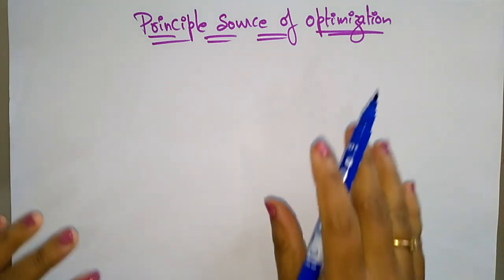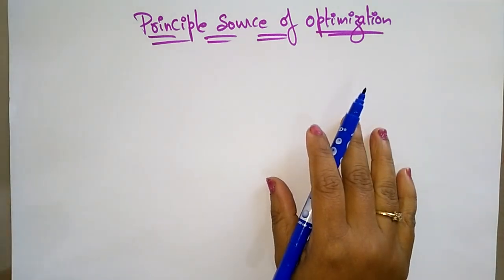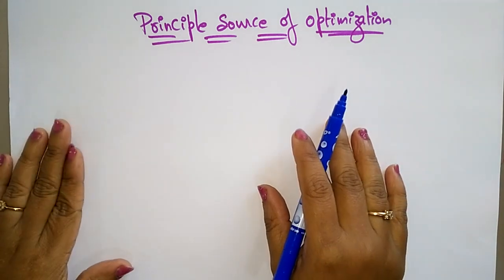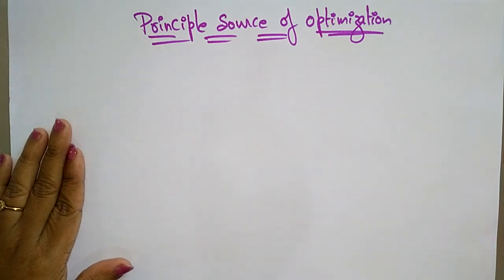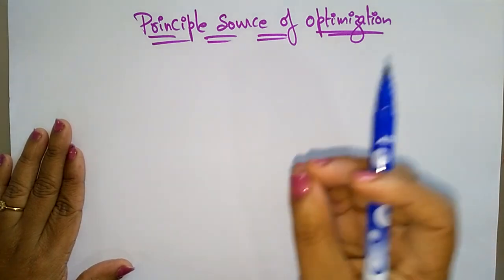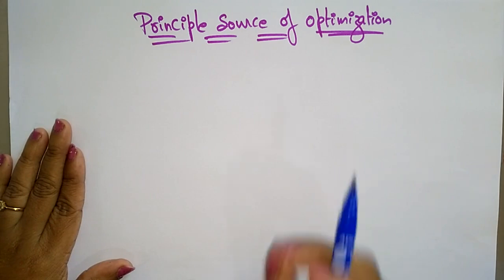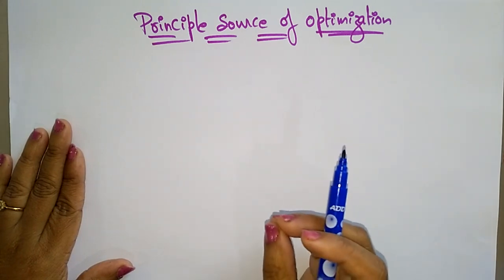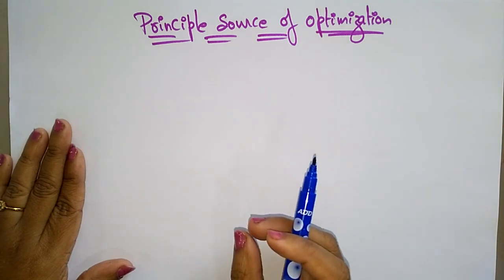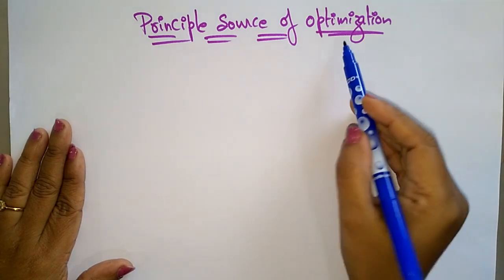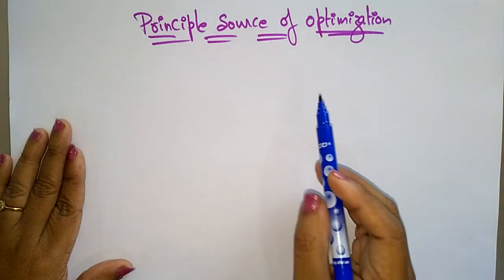Actually, what is this optimization here? The code that is produced by the straightforward compiling algorithm can often be made to run faster or take less space. This improvement is achieved by program transformations that are traditionally called optimization.